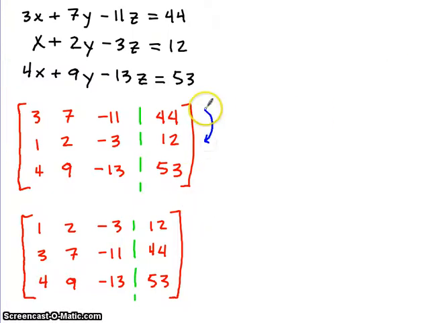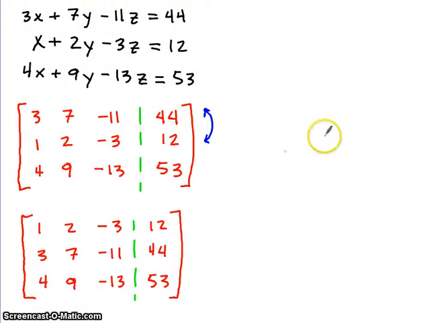after I've flip-flopped row 1 and row 2, and the reason why I did that is because our first goal of reduced row echelon form, or putting into that form, is to get a 1 in that upper left-hand corner position.